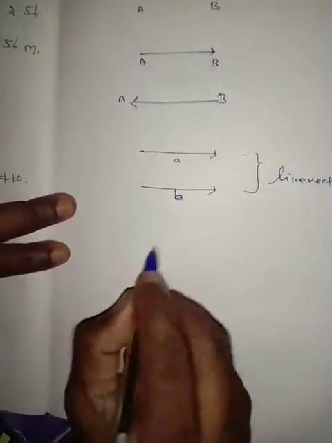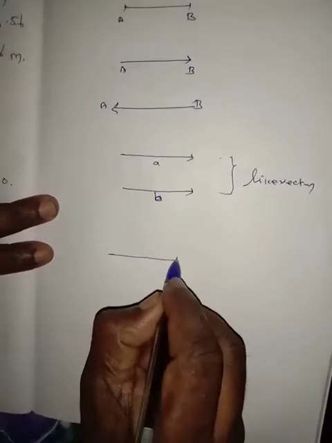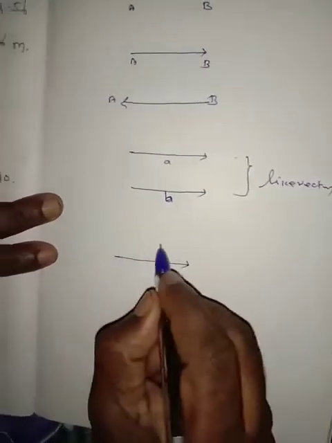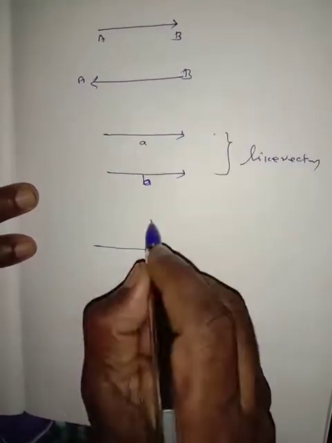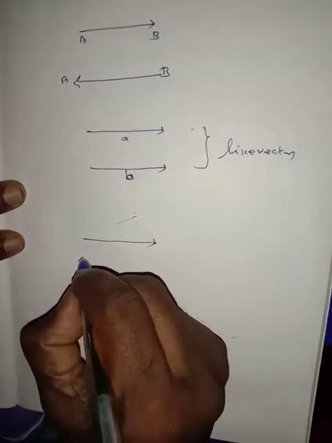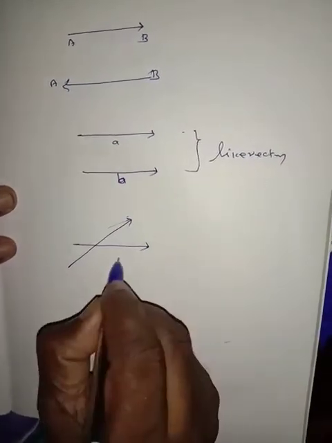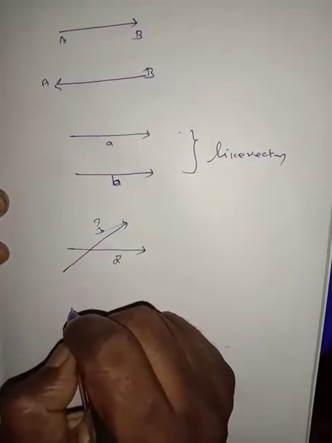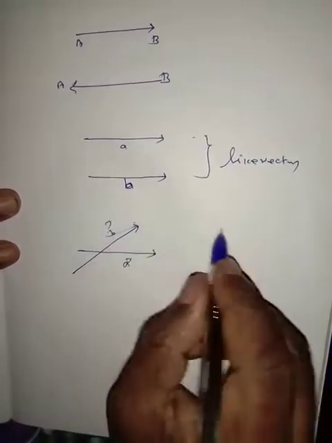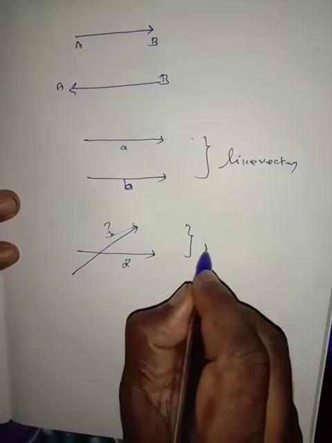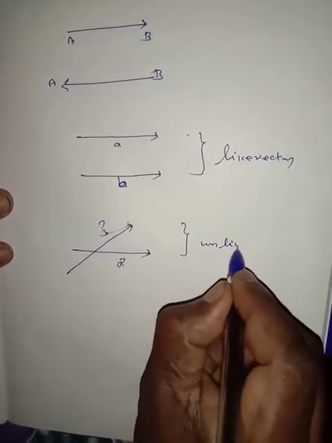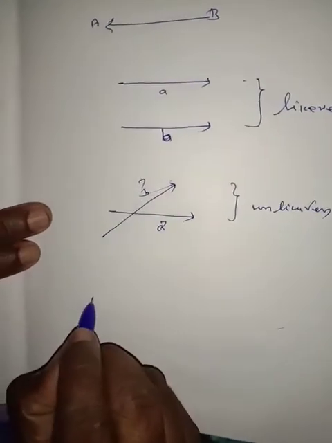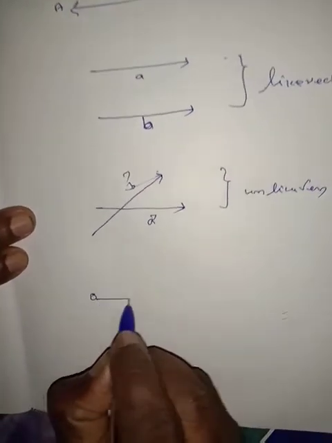Suppose a vector is acting along this direction, and b vector is acting along this direction. This is an unlike vector.